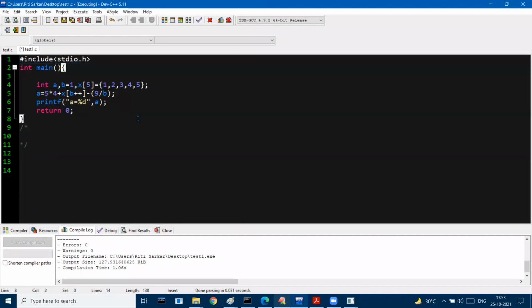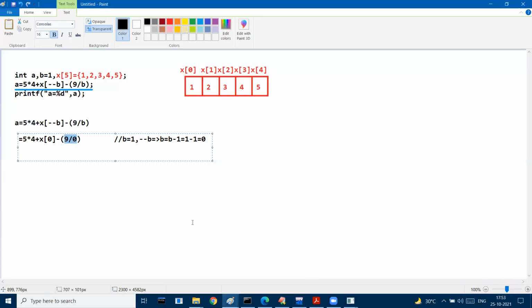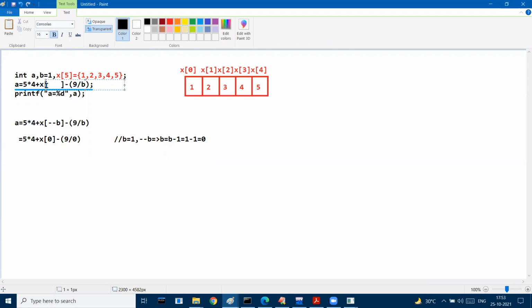Correct. 18 is the correct answer. Observe here. This time we are having B++. Remaining things are same.